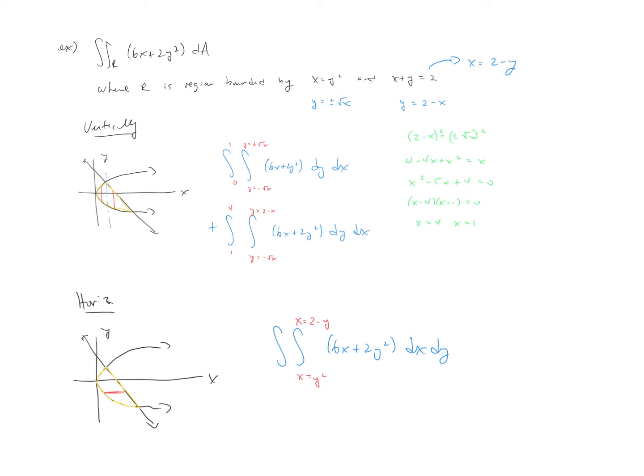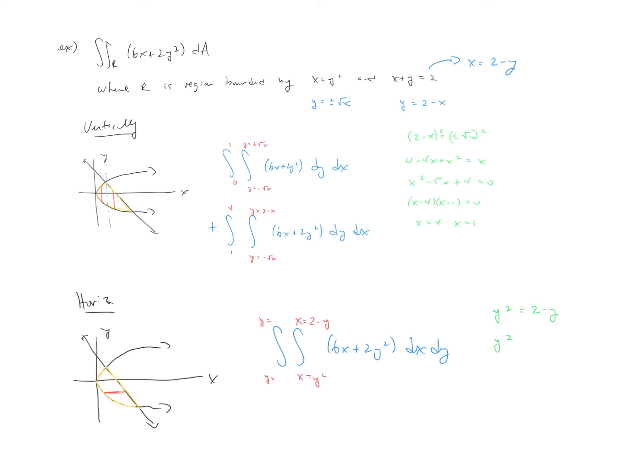So now what we need are the constants. The constants are going to be found, and as a reminder, you can certainly do this. These constants are going to be y equals. So what we're going to need is to set these two things equal to each other, but we're going to need to solve for y. So I'll set y squared equal to that 2 minus y. That's going to give us some y values that we can then plug in.